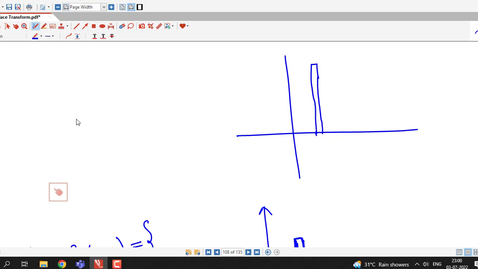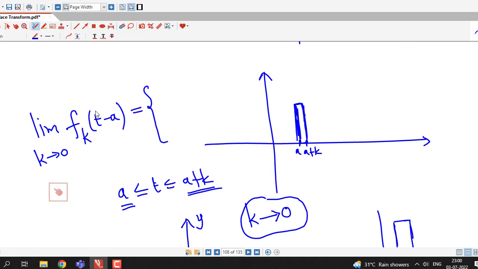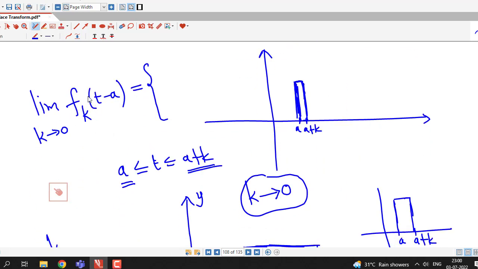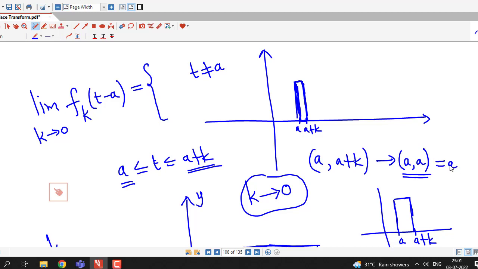If you consider another small interval, then this is going to be larger and larger, and the width is reducing. So if I take k tending to 0, and consider limit of this function as k tending to 0, then this interval size will be reduced more and more, and our function will be non-zero at point a only. If I take k tending to 0, then this interval becomes an interval with same endpoints, that means point a itself.